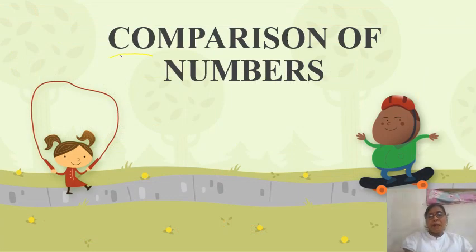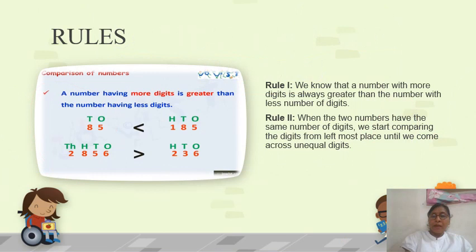Now we will learn comparison of numbers. We read the rules. Rule number 1. We know that a number with more digits is always greater than a number with fewer digits.